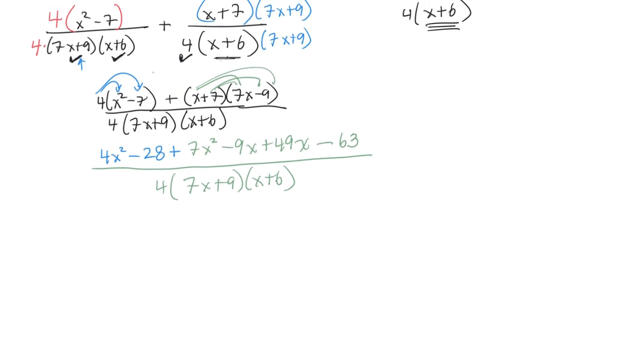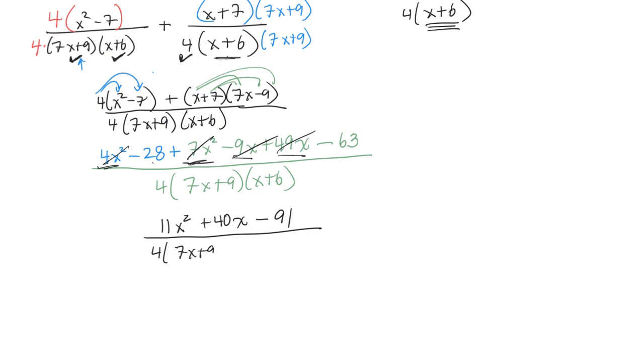Okay, collecting like terms on the top, I've got 4x squared and 7x squared, so that'll be 11x squared. Then the x's: minus 9 plus 49, I think, is a positive 40x. And then negative 28 minus 63 will be a negative 91, I believe, over 4 times (7x plus 9) times (x plus 6).